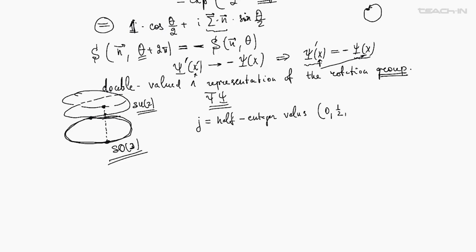And any representation of a given spin j has 2j+1 components. The dimension of the vector space on which this representation acts is 2j+1. Remember? So for instance, for spin 0, you have just one component, and this is a scalar. For the case of 1/2, if you plug in 1/2 into this formula, you will have two components.